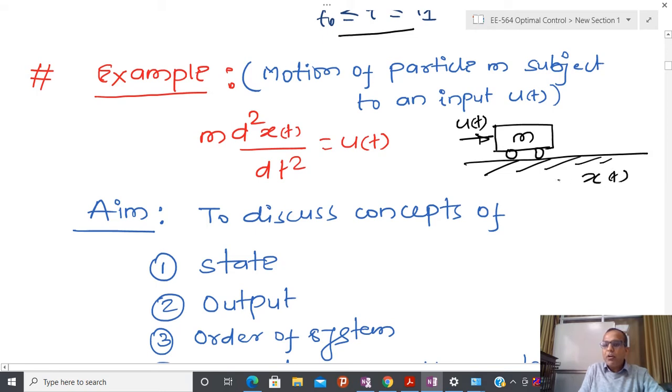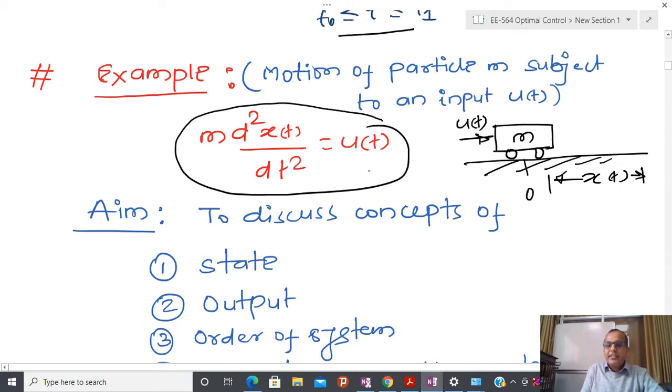After application of force this object is going to change its position from the origin to some point x(t). So using Newton's law, you are able to come up with this kind of mathematical model. I hope that you are all well aware of this.